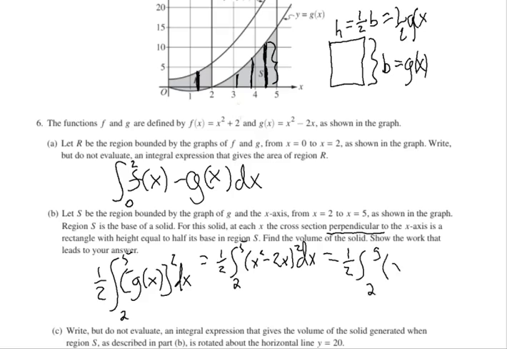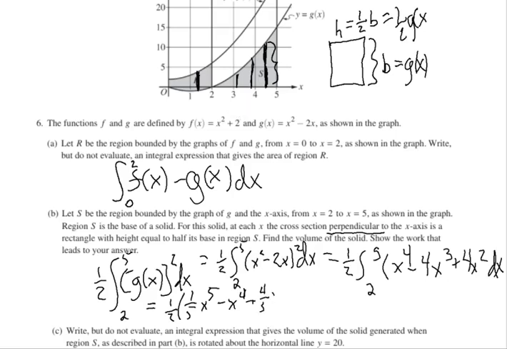And when you FOIL that out, you're going to get x to the 4th minus 4x to the 3rd plus 4x squared dx. Now we have to anti-differentiate that. So it would be 1/5 x to the 5th minus x to the 4th plus 4/3 x to the 3rd, evaluated from 2 to 5.